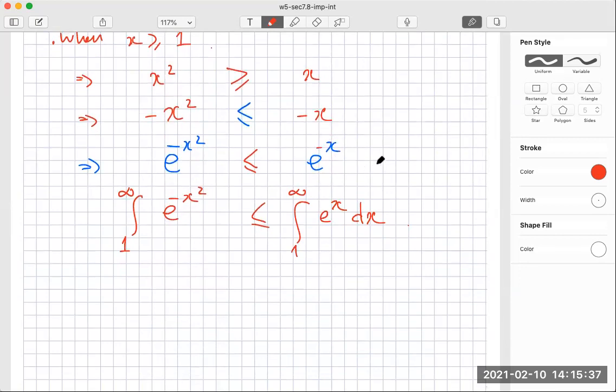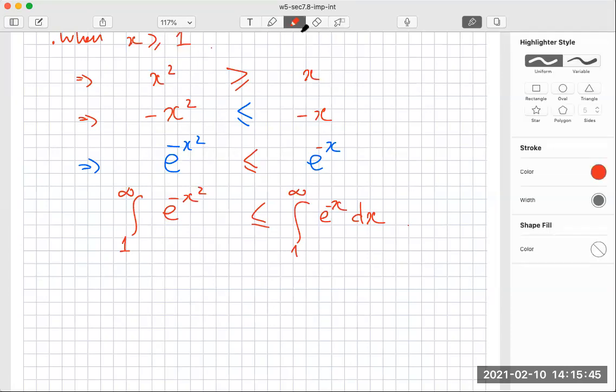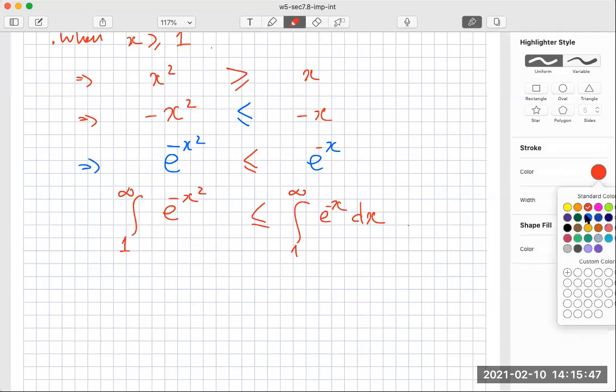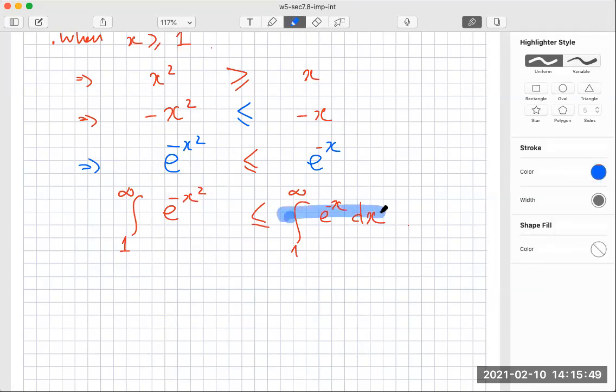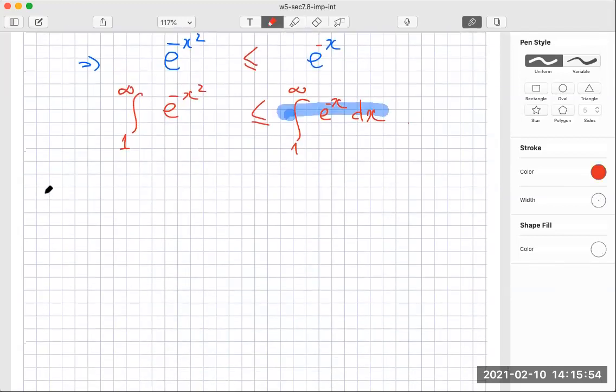Thank you. Yes. Okay. Now, let us study this guy, which seems to be easier, right? The integral from 1 to infinity of e to the negative x dx.